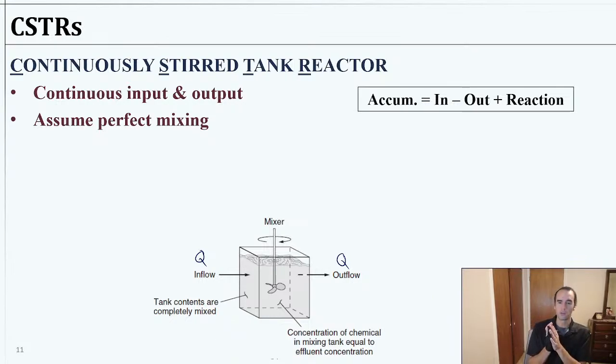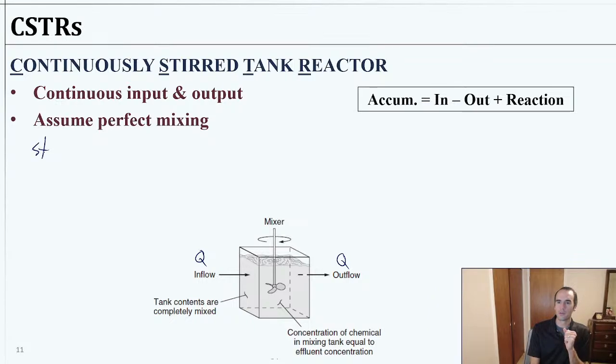Most of our systems are going to have just one in, one out, but it doesn't actually change things too much if you add some other ones. So just keep in mind that what we're looking for is a term that encompasses anything coming in across the boundary, a term that encompasses anything going out of the boundary, a term that encompasses any reactions that are happening inside the boundary, and all of that, we could get some accumulation.